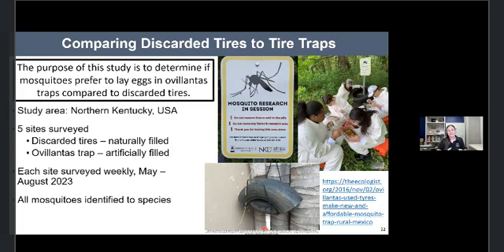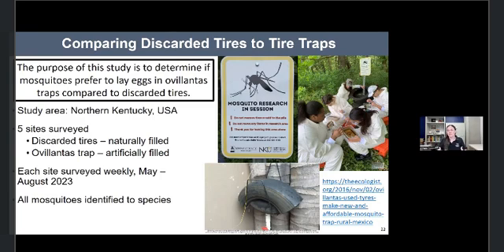The idea in this project is to see whether female mosquitoes prefer these naturally discarded tires that we might find in the built environment, or whether they prefer these Ovolante traps. What we want to know is that at least they don't have a preference.